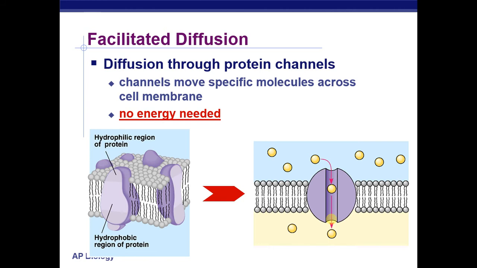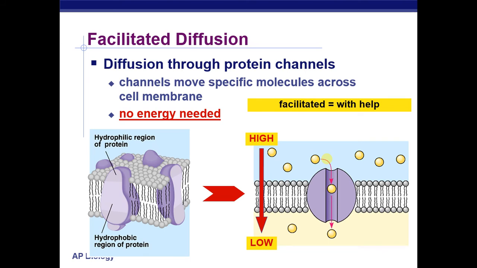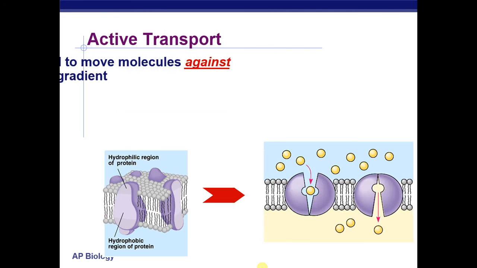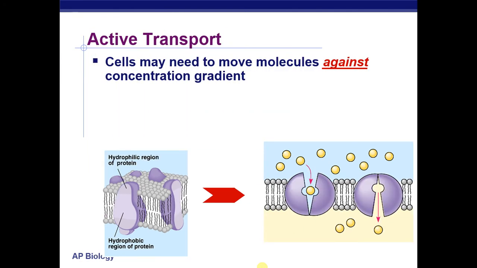It is also an example of passive transport because no energy is needed for it to move from one side to the other. It just needs this little hole doorway in the channel protein. So still going from high concentration to low.